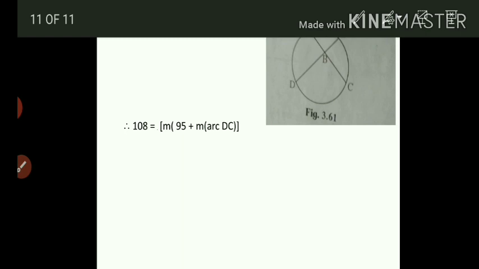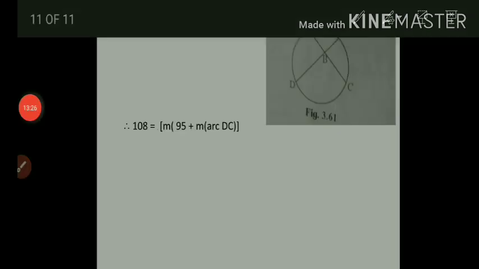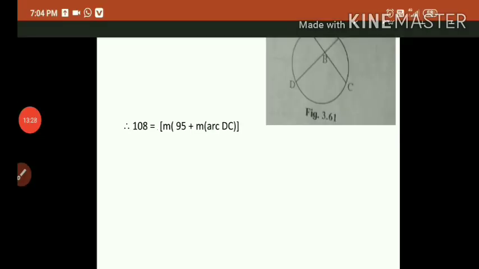So when you multiply 108, on the right hand side we have half. See students, ABE is 108 degrees is equal to, on the right hand side, I told you there is some technical problem, so half is not visible here. So half of major arc AE, which is 95, plus DC.